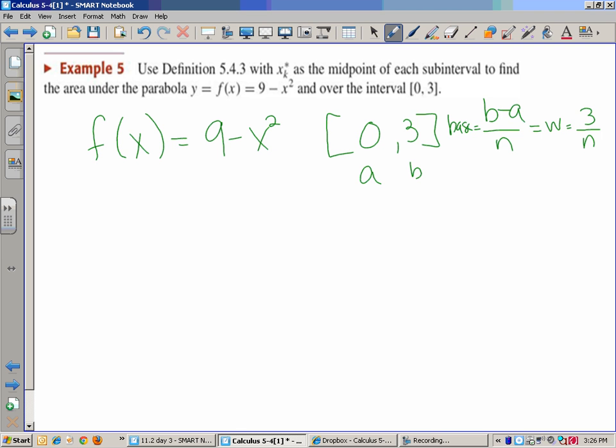Okay, so f of x star k implies that we know what our x star k is. And again, for all intents and purposes, right now, I'm just going to go ahead and tell you, look at the formula on page 345. The one that says midpoint uses the following formula.